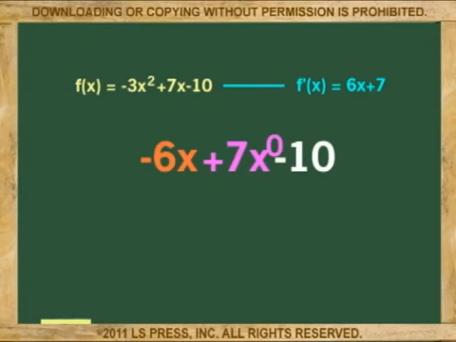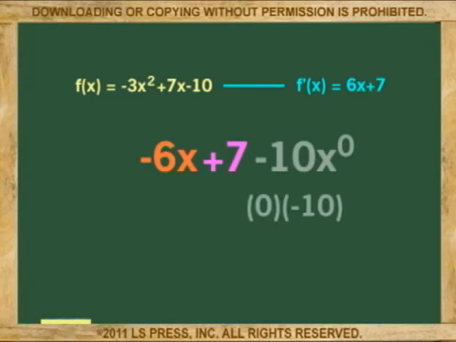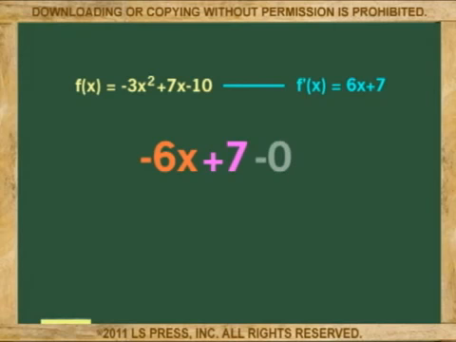And the exponent becomes 0 and x becomes 1. The x is dropped. In the case of a number like negative 10 that has no x, the term is dropped completely. It disappears because, theoretically, it has a 0 exponent that, when multiplied by negative 10, turns the whole term into 0.